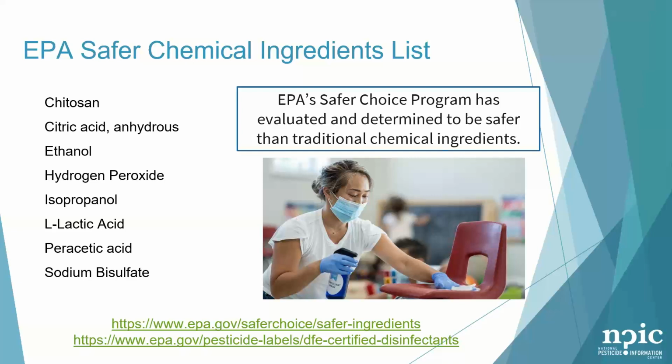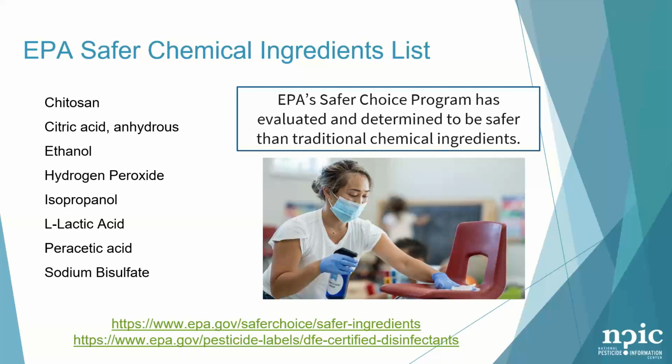And these chemicals are screened. So the kind of criteria that EPA designed for them to be on this list includes that the chemicals are not carcinogens or reproductive or developmental toxins, that they are not persistent or bioaccumulative, that they are not systemic or internal organ toxicants, that they are not asthmagens or sensitizers, such as the skin or lungs, and that they're just not on any lists of chemicals of concern put out by agencies like the EPA or other authoritative bodies like that.